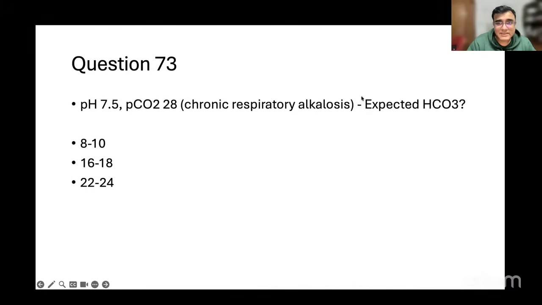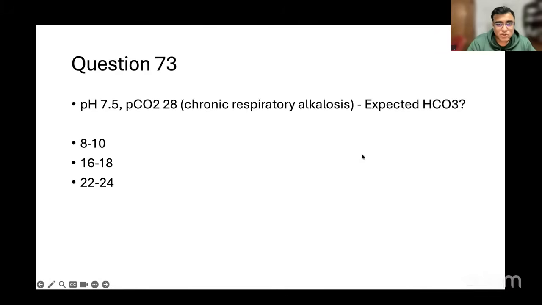So pH 7.5, PCO2 28, chronic respiratory alkalosis, expected bicarbonate. Again, you can easily calculate it with the 1, 2, 3, 4, 5 rule, right? So it is chronic respiratory alkalosis. For every 10 change in PCO2, the bicarb will change by 5.